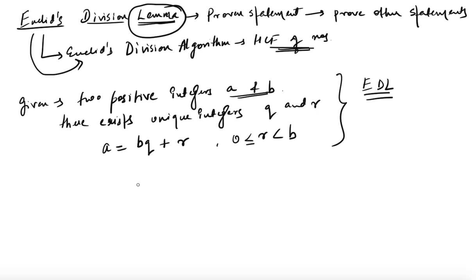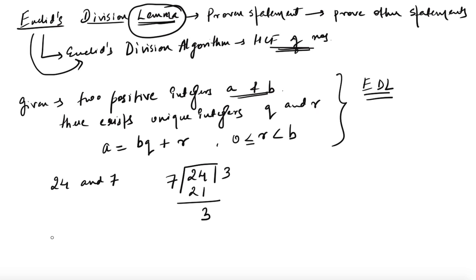This will be more clear when I take an example. Say I have two positive numbers 24 and 7. Let us divide 24 by 7 and see what we get. 7 threes are 21, so the remainder is 3.